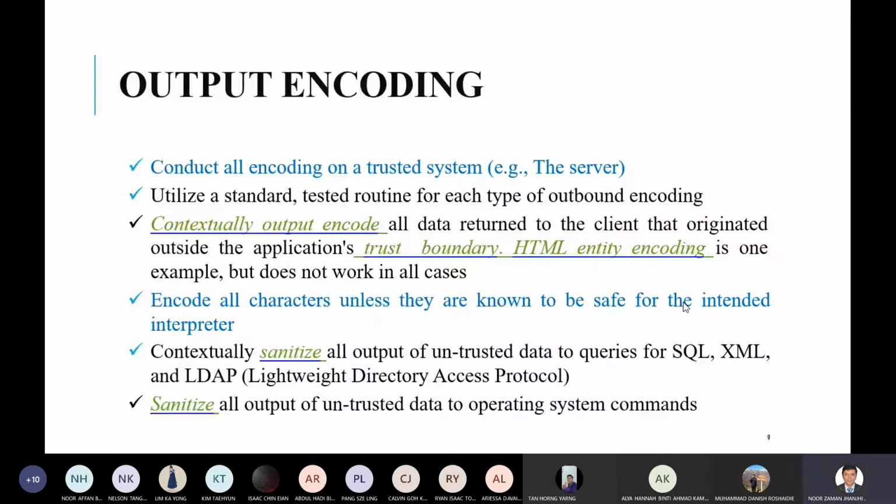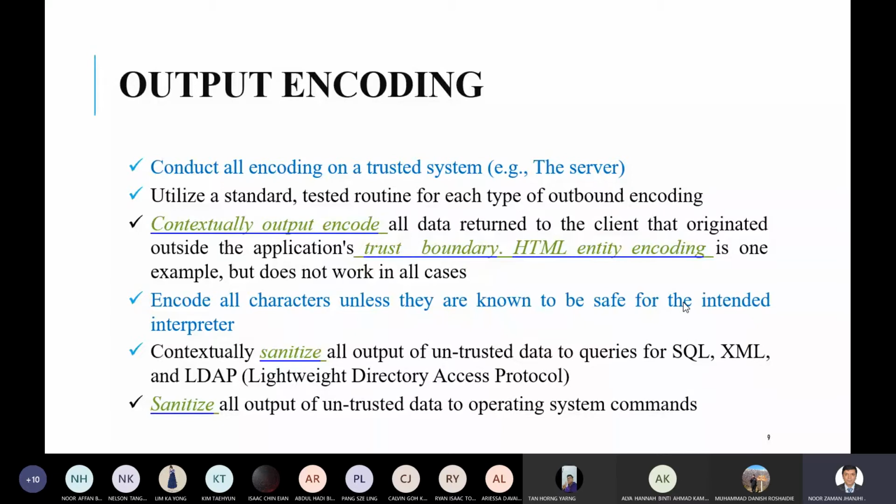We need to think very importantly about their contextual values and we need to sanitize all of the output. Any untrusted output, any untrusted data, any query for SQL or XML and LDAP, which is known as the Lightweight Directory Access Protocol, or any other protocol, we need to mark them, we need to know them, we need to have complete information about our output.